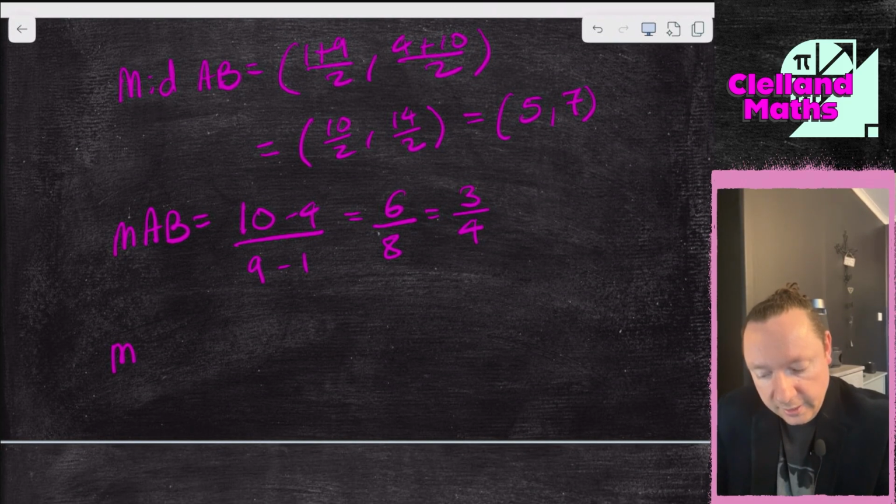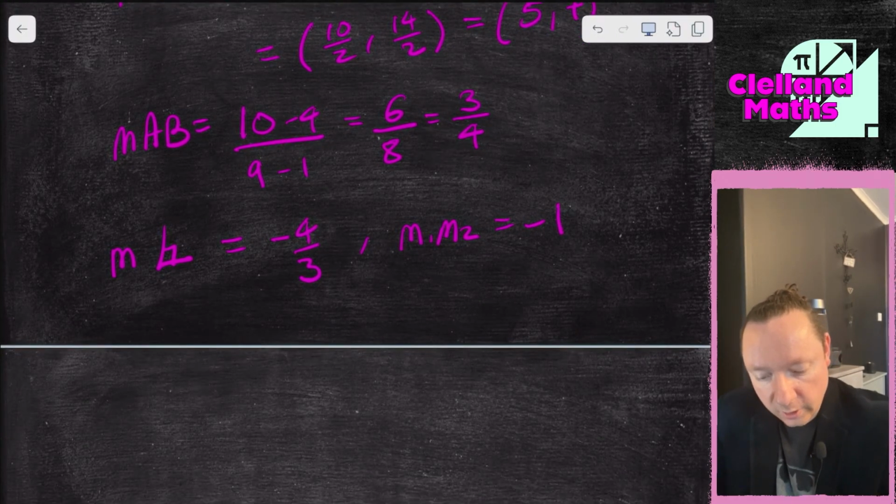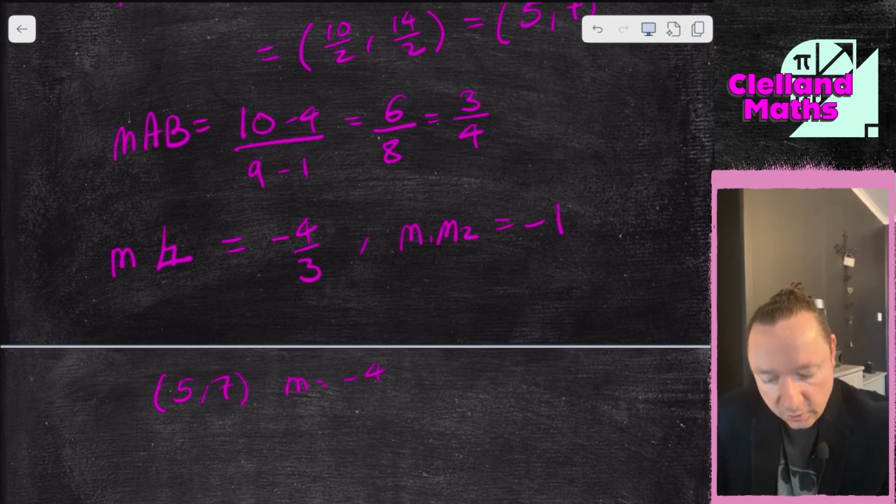So we can say that the gradient of our perpendicular is equal to minus 4/3 straight away because m1 m2 equals minus 1. So we've now got our point, (5, 7), and our gradient, minus 4/3.